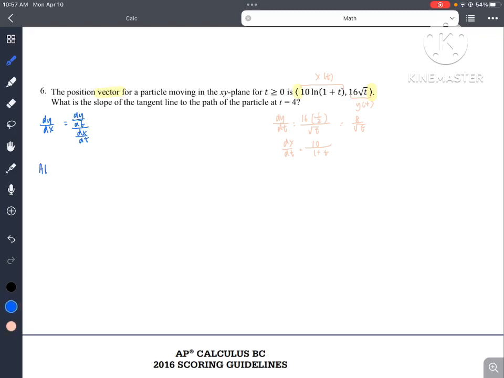So at t equals 4, dy over dt is 8 over square root of 4, which is 8 over 2, which is 4. dx dt at t equals 4 is 10 over 1 plus 4, 10 over 5, which is 2. So we just plug it in. Dy over dx is dy over dt, which is 4, over dx dt, which is 2. So the answer is that the slope is 2.